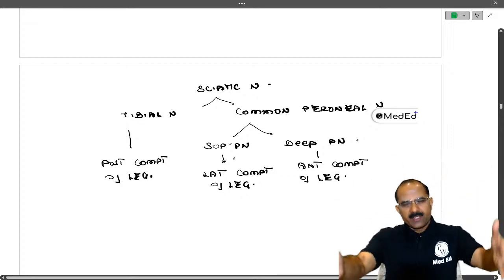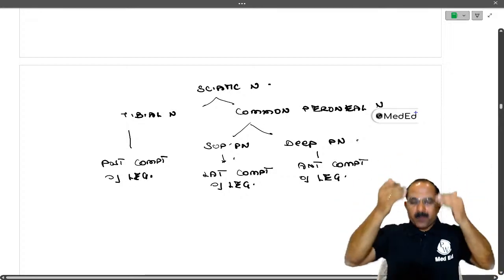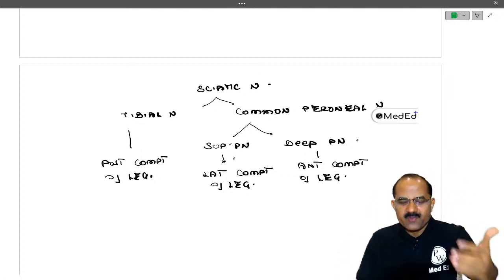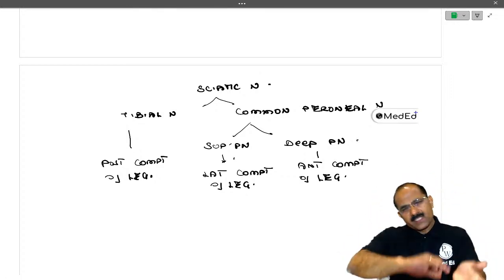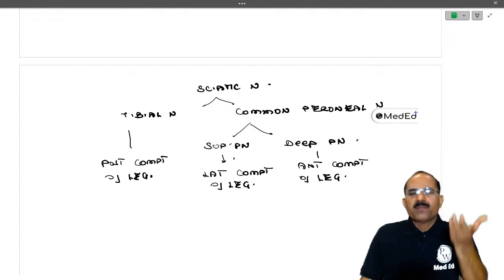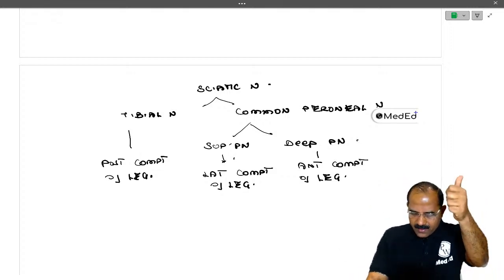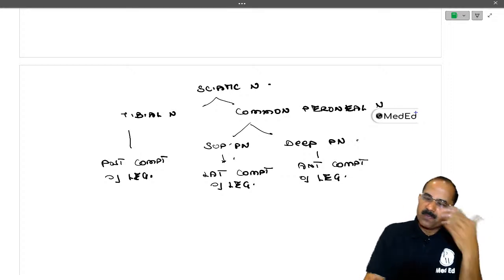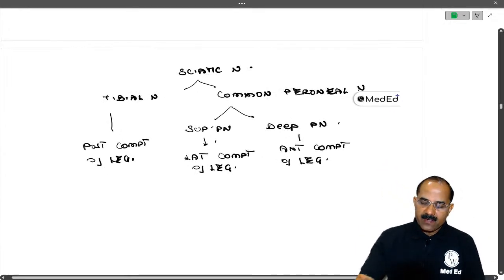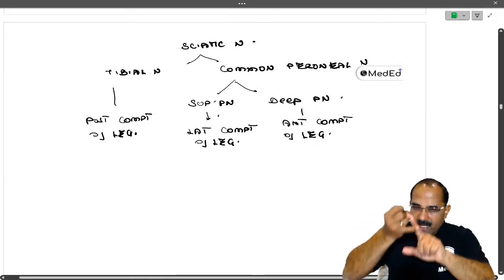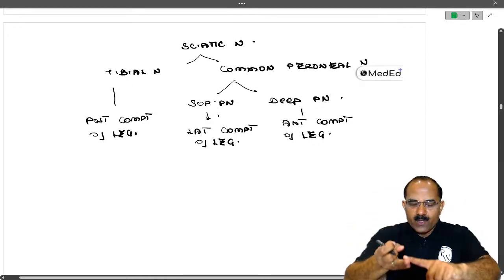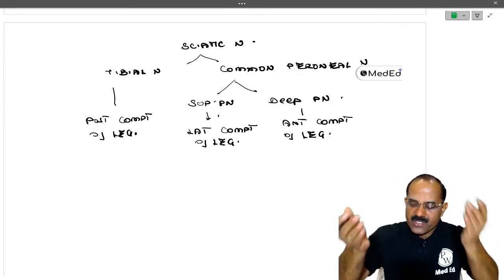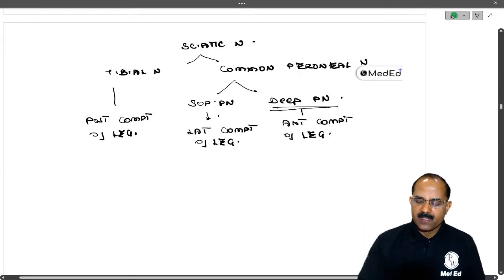Just remember this table, children. All the muscles in the posterior compartment of the leg are supplied by which nerve? Tibial nerve. Who is in the lateral compartment? Two muscles, peroneus longus and peroneus brevis. Who is going to supply them? The superficial peroneal nerve. And in the anterior compartment, which are the muscles? Tibialis anterior, extensor hallucis longus, extensor digitorum longus, and peroneus tertius. Who's going to supply them? The deep peroneal nerve.